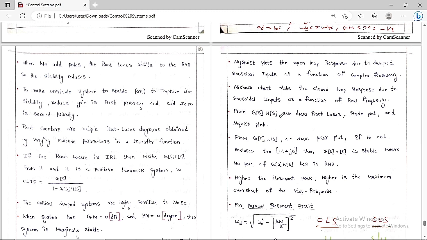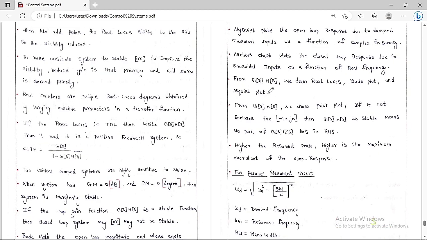And also, the Bode plot uses undamped sinusoidal inputs, the polar plot uses undamped sinusoidal inputs, the Nyquist plot uses damped sinusoidal inputs, and the Nichols chart uses purely sinusoidal inputs. So these things always you have to keep in your mind.